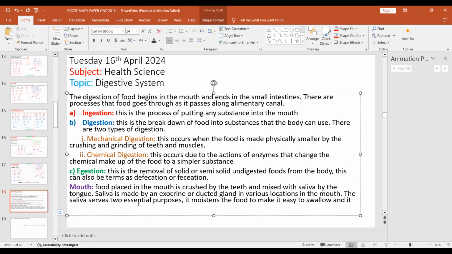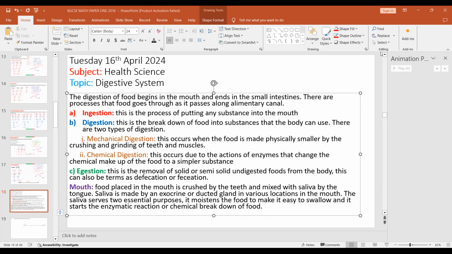And it starts the enzymatic reaction, or chemical breakdown, of food. So multiple things happen inside the mouth.